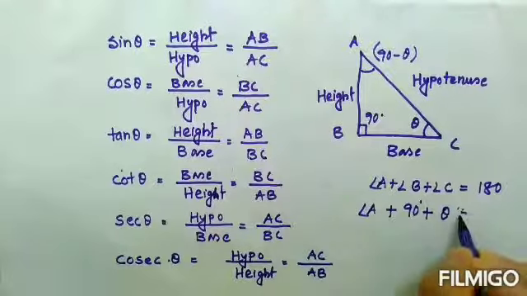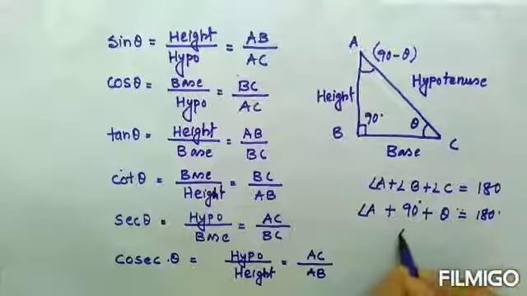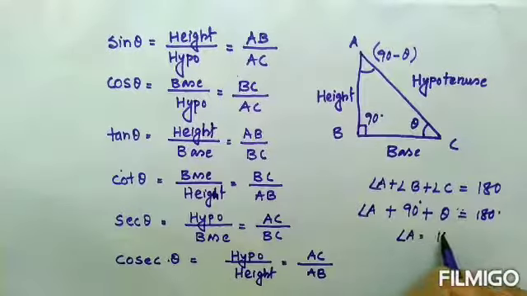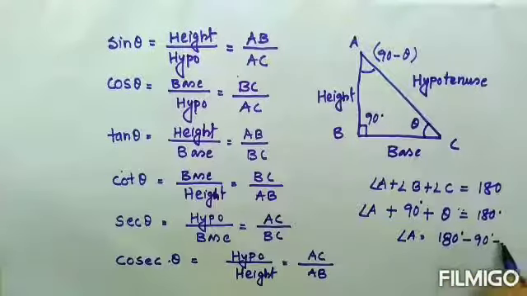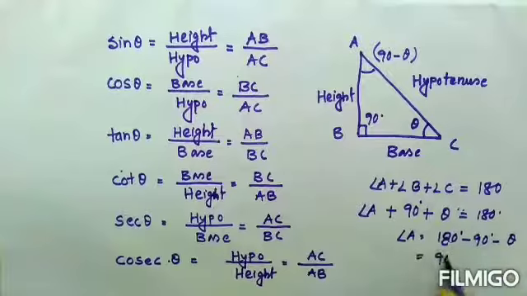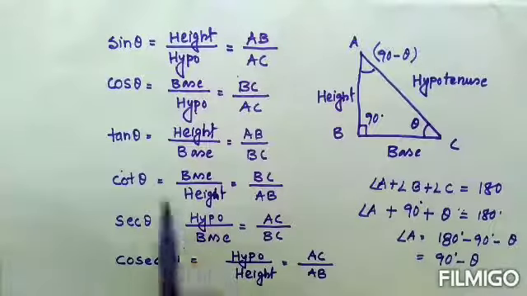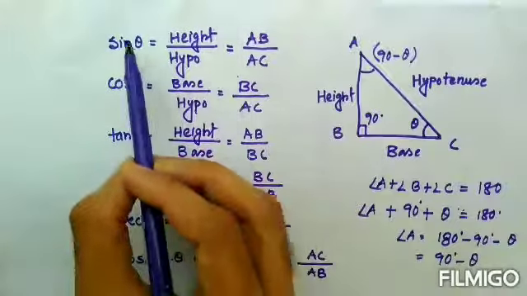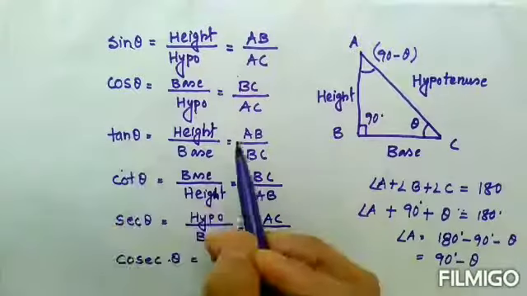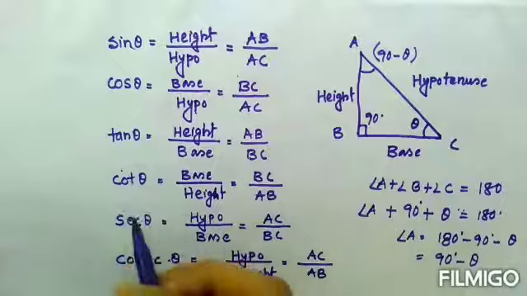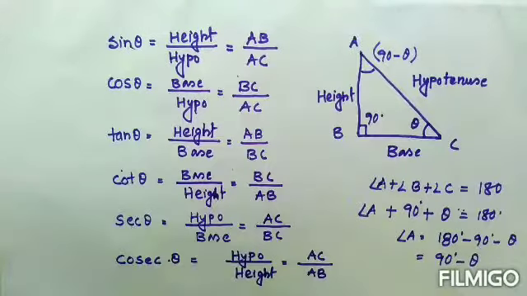So angle A will be 180 degree minus 90 degree minus theta, that is equal to 90 degree minus theta. So in the next video we will learn about the ratios of sin 90 minus theta, cos 90 minus theta, tan 90 minus theta, cot 90 minus theta, and so on.